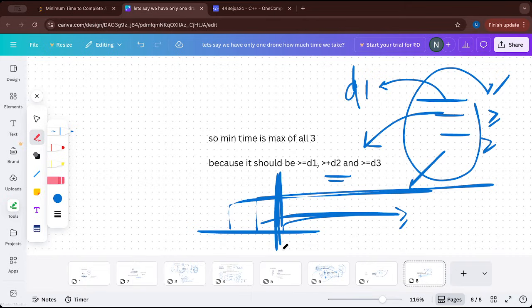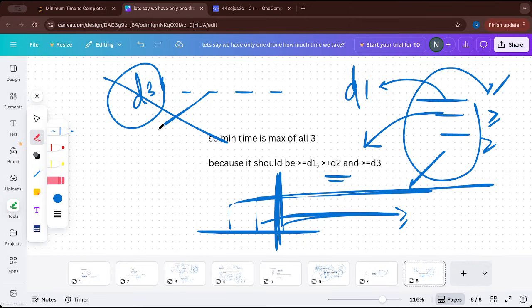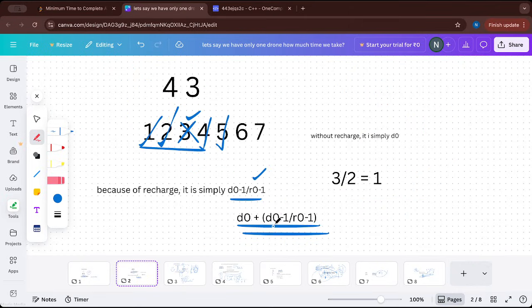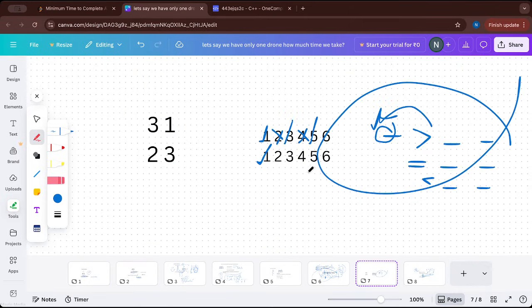So we can think, why do we not simply return D3? Because in D3 we are trying to find the LCM and then we are trying to find the optimal answer, right? But this is not always the case, because what if we have something like this? If we have 3, 1 and 2, 3, if we find the LCM, it will take more time, because there we are not using one used by the other.